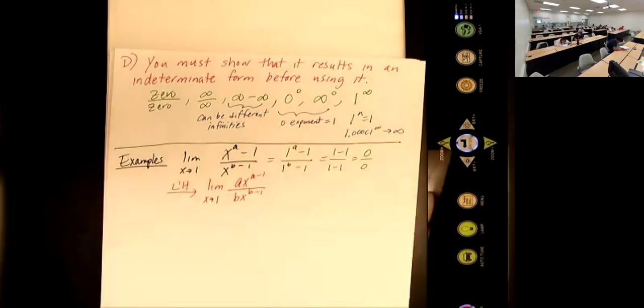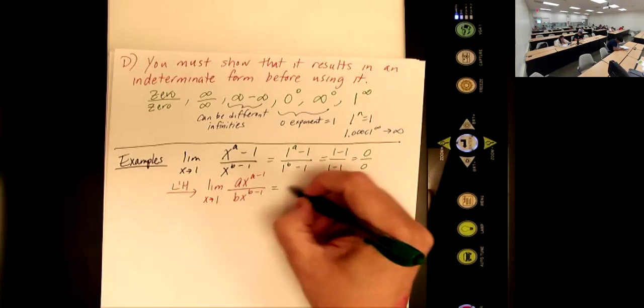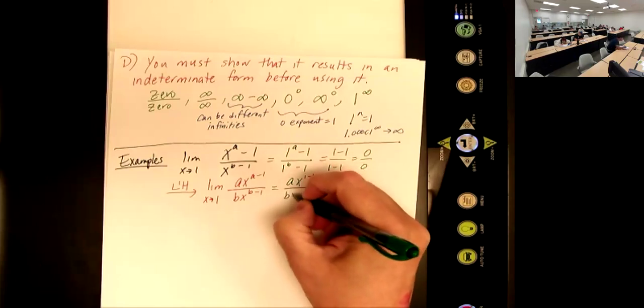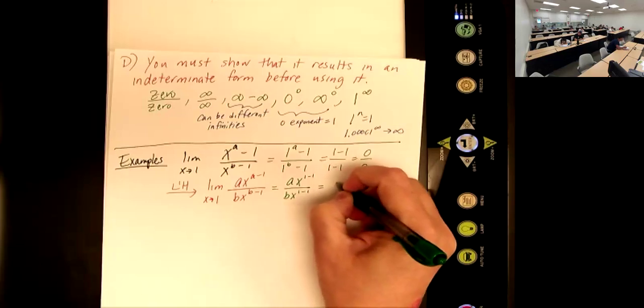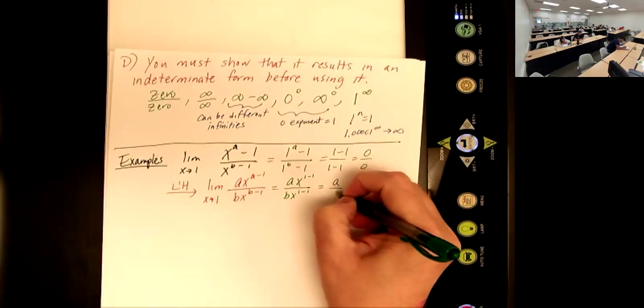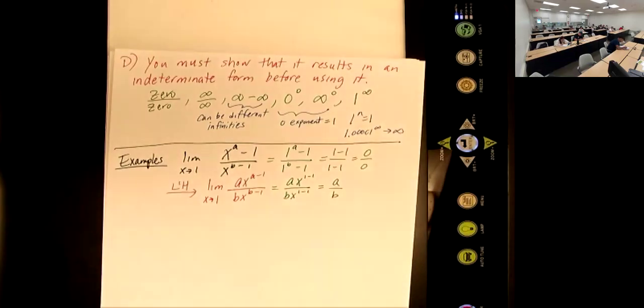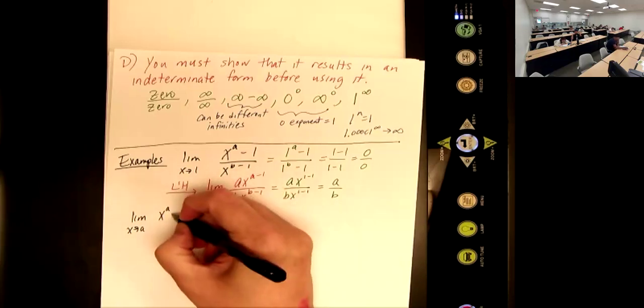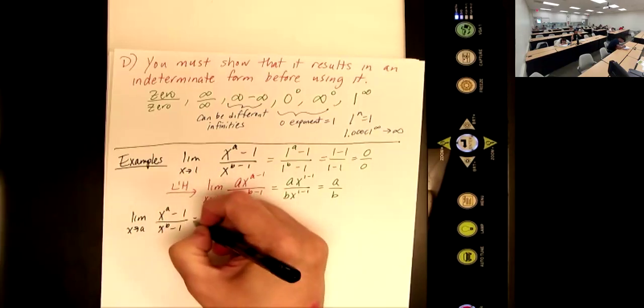Now when I evaluate, I have a x to the 1 minus 1 over b x to the 1 minus 1, which is just a times b. x to the 0 is 1, so those cancel out and we're just left with a over b. Which means the limit as x approaches 1 of x to the a minus 1 over x to the b minus 1 is a over b.